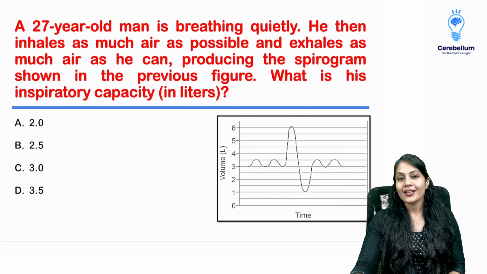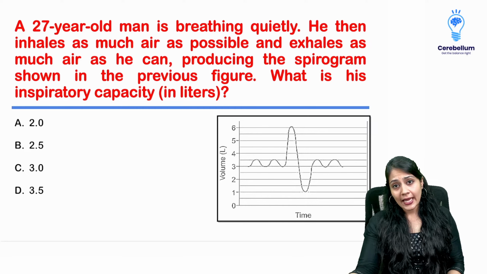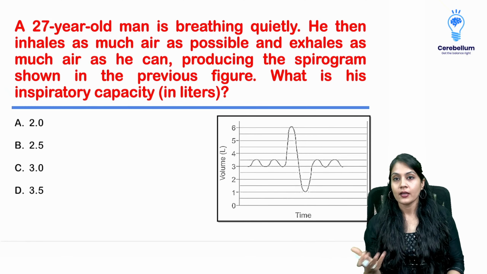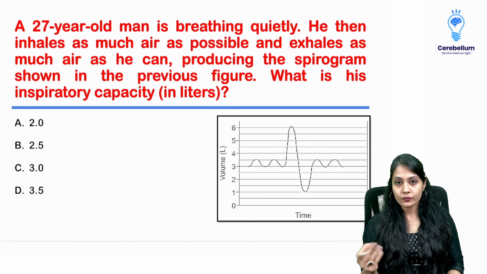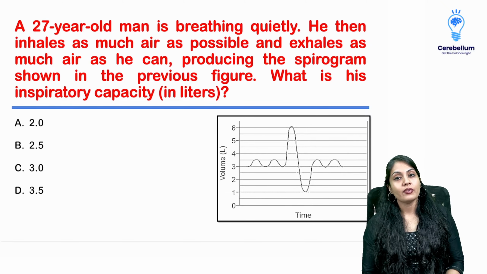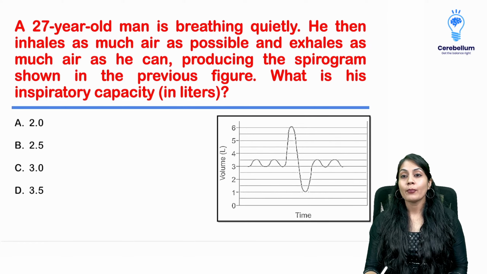A 27-year-old man is breathing quietly. He then inhales as much air as possible and exhales as much as he can, producing the spirogram shown in the figure. What is his inspiratory capacity?